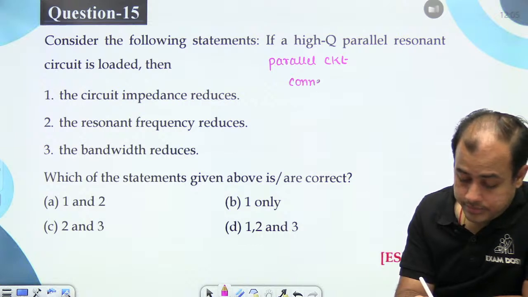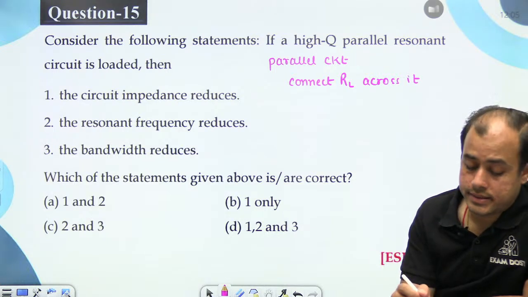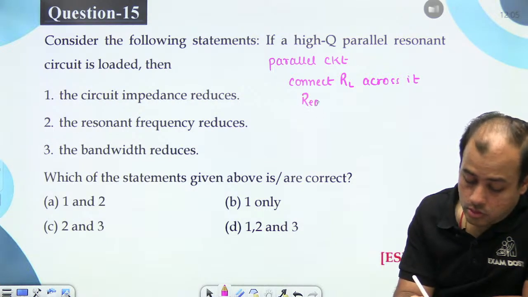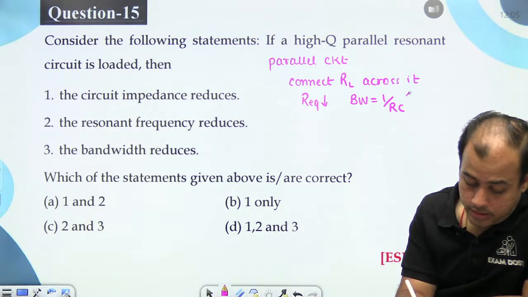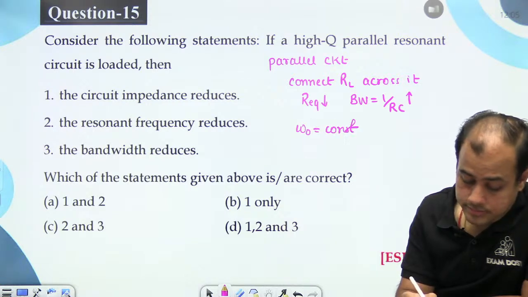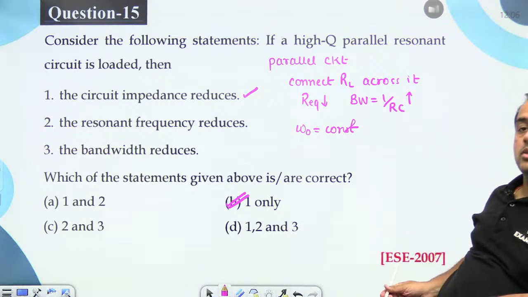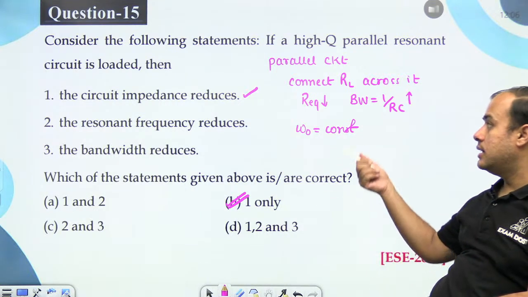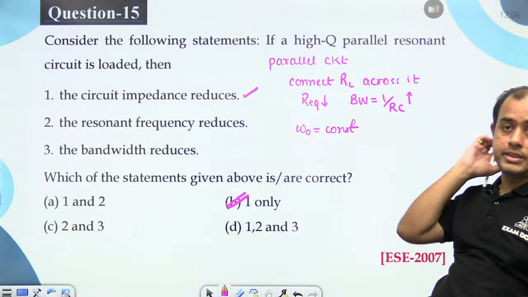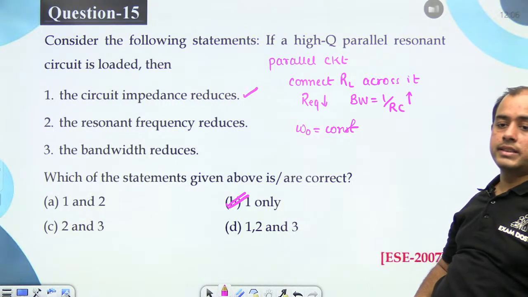Now you connect RL across it. आपने एक लोड रेजिस्टेंस लगा दिया तो R equivalent decreases, bandwidth 1 by RC increases, resonant frequency is constant, circuit impedance decreases. तो आंसर इज बी। ऐसा क्वेश्चन मैंने प्रीवियस सेशन में भी कराया था। impedance will reduce when you connect something in parallel, bandwidth will increase and omega will be constant.